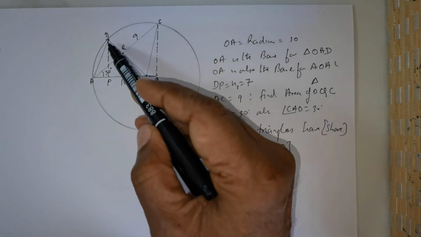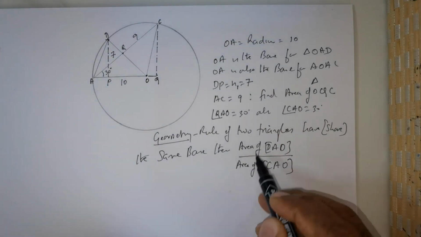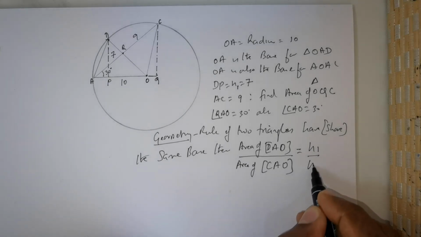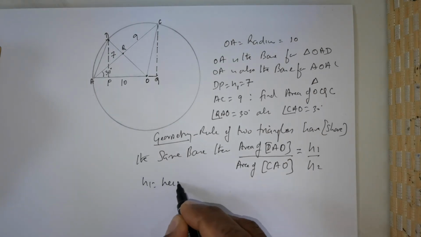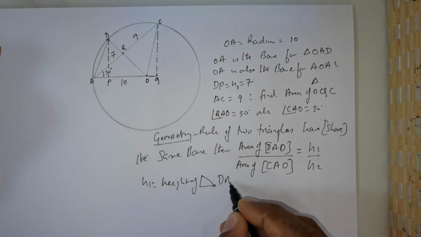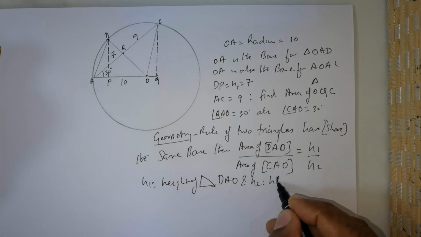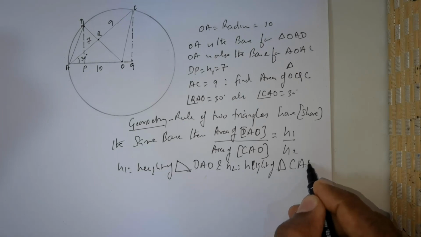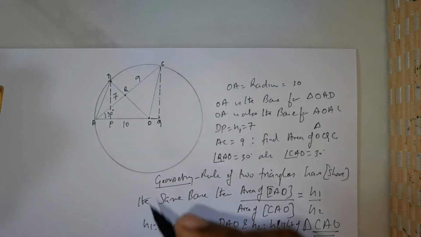Okay, that is fine because I'm taking it from the top vertex. So this ratio will be equal to H1 over H2, where H1 is the height of triangle DAO and H2 is the height of triangle CAO. So DAO and CAO.